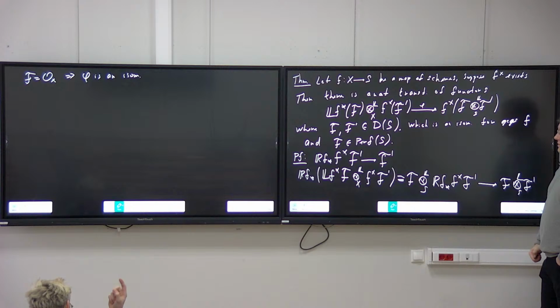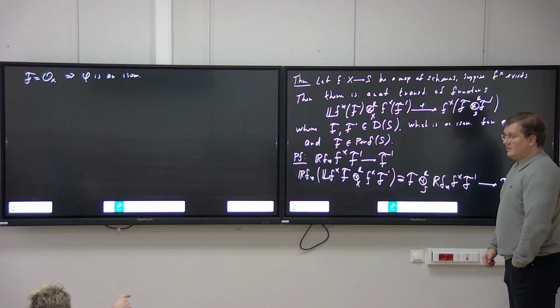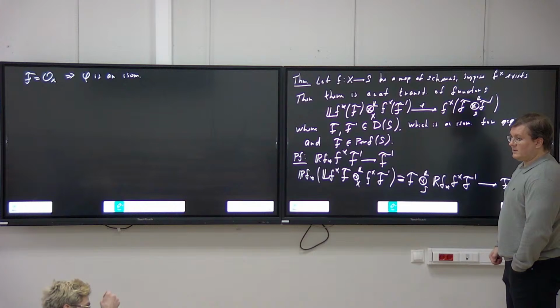For the derived projection formula, there's another condition that f is perfect. If f in this situation is perfect, one of the conditions in that theorem is satisfied, then the projection formula works.